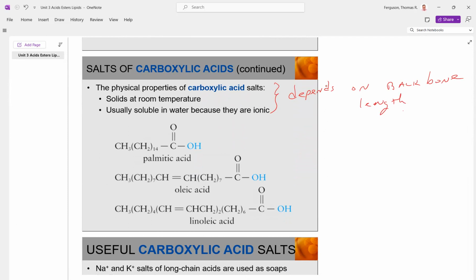From carbon 7 on, this is true, solid at room temperature. Usually soluble, but again, it depends on the backbone length.